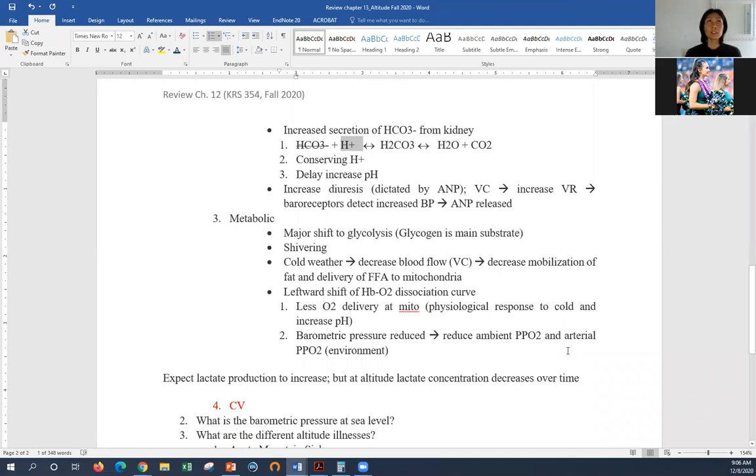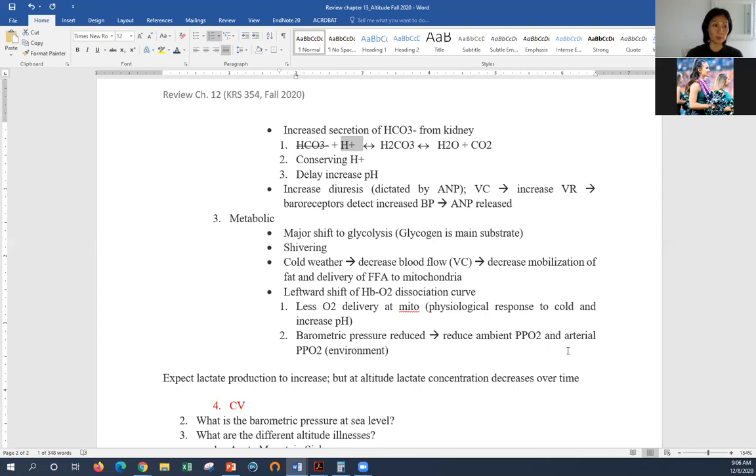As a result of ascending to altitude, we shift a reliance onto glycolysis. Because it's cold, our pH increases, which causes our oxygen dissociation curve to shift to the left, which means we have less offloading of oxygen at the mitochondrial level. Also, since we're cold, we're vasoconstricted, which reduces blood flow to our working muscles, which means less delivery of oxygen and substrates to support aerobic metabolism.